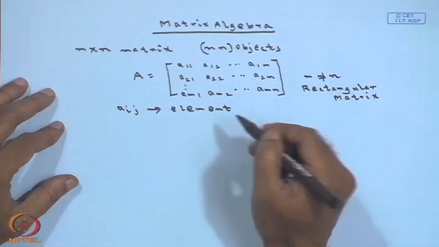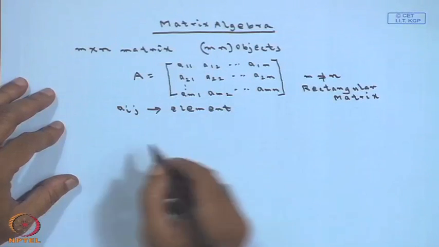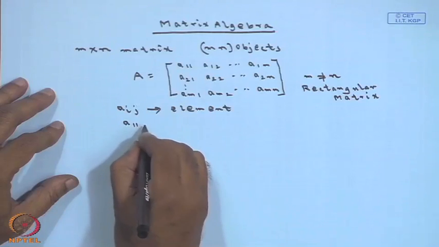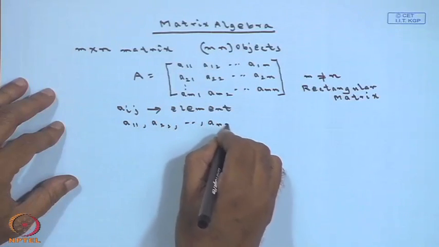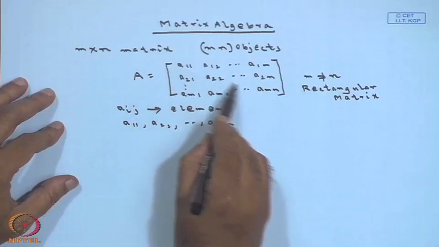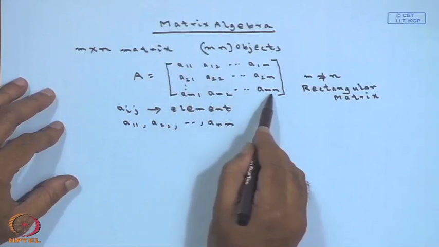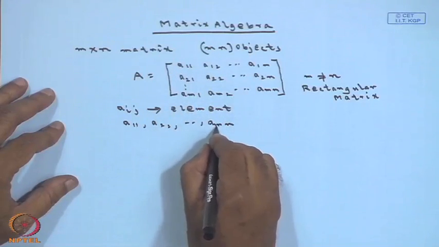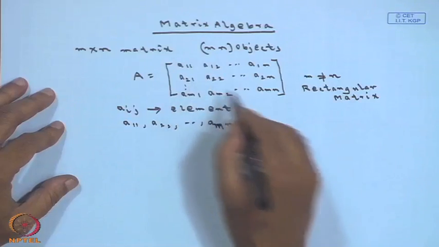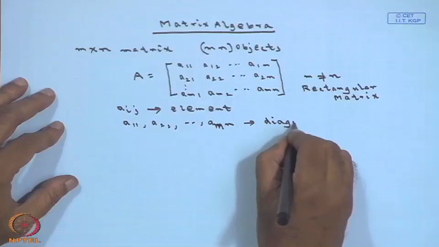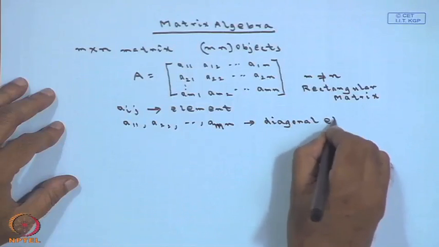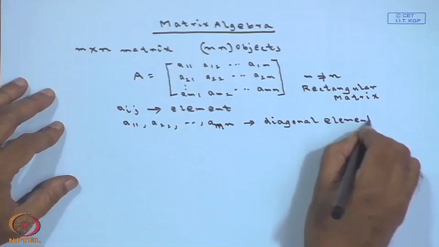Whereas A11, A22, up to Amn, these we call the diagonal elements.